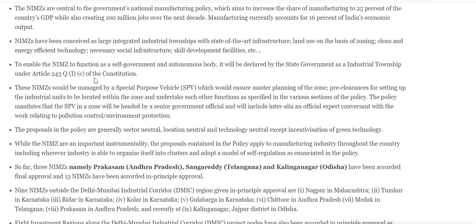A few things apart from what I was told in the SEZ: the NIMZ will be declared in course of time by the state government as an industrial township under Article 243Q of the Constitution, which deals with urban local bodies. And as I said, it would be managed by the SPV.